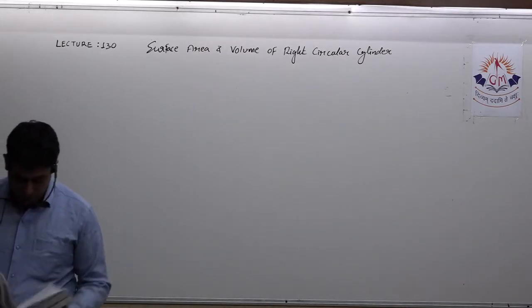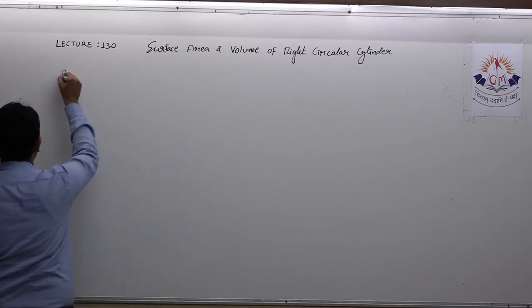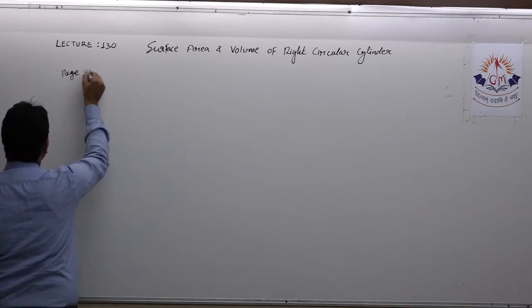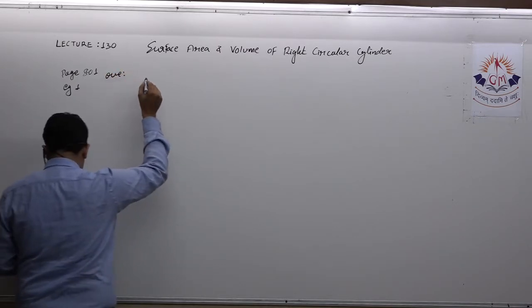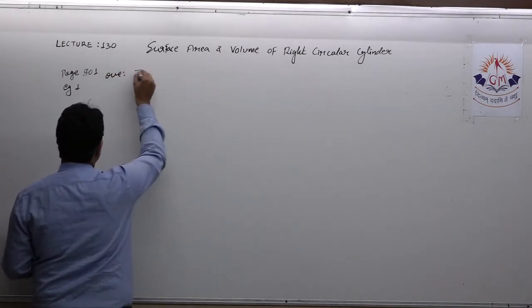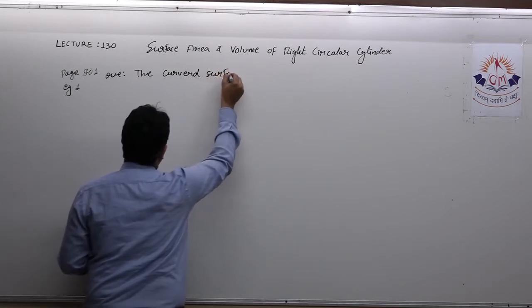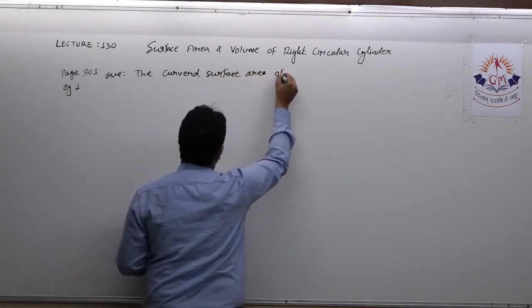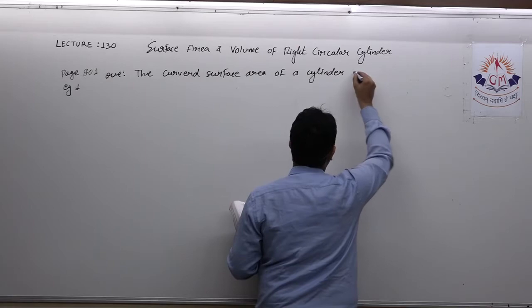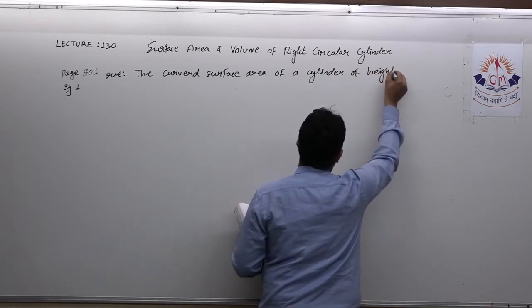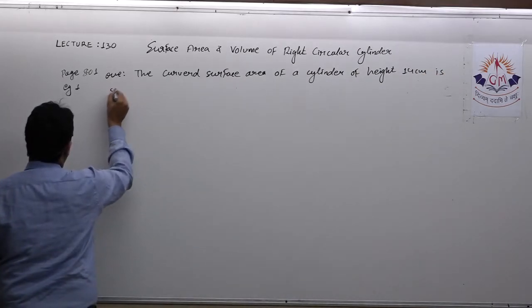The question is: the curved surface area of a cylinder of height 14 centimeter is 88 centimeter square.